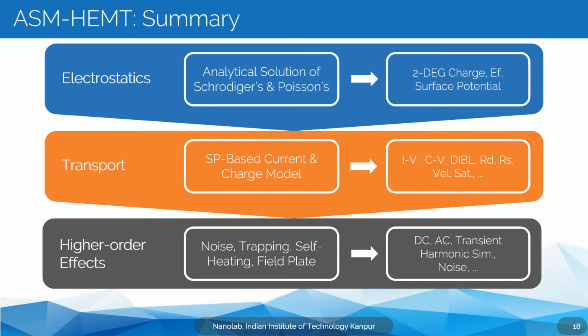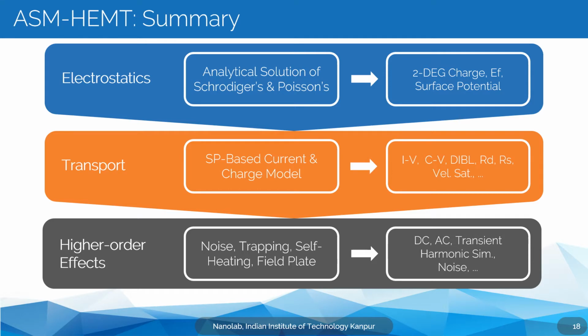This is a brief summary of how ASM-HEMT works. This gives a proper overview of the model. We start with the electrostatics, where we solve the Schrödinger and Poisson equations, which gives us the two-dimensional electron gas charge, the Fermi level, and the surface potential. Then these quantities are used to derive the transport of the device, which is a drift-diffusion based model.